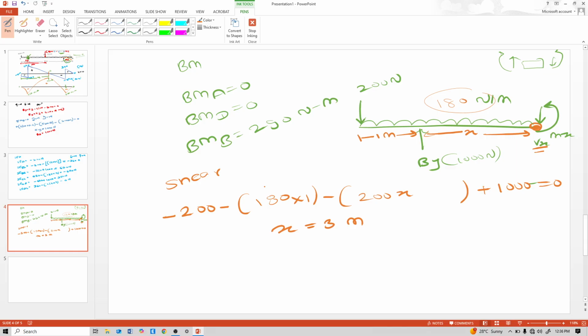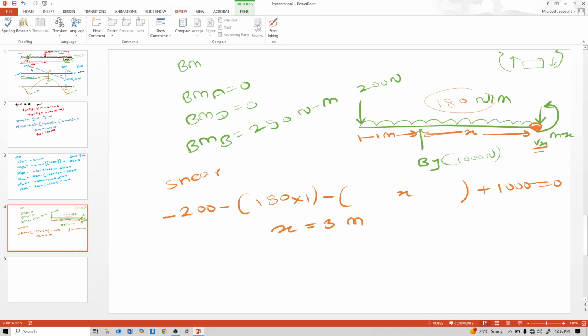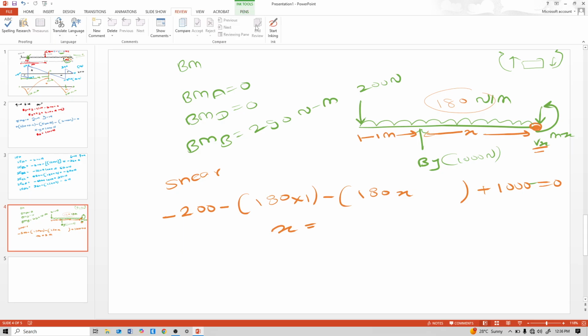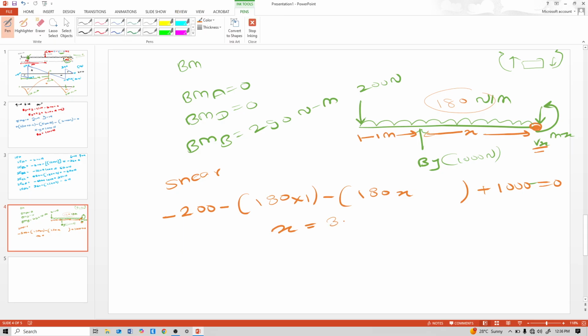So minus 200, minus 180 into 1, minus 180 into x, and plus 1000 equal to 0. So it is 3.44. So now it is correct.